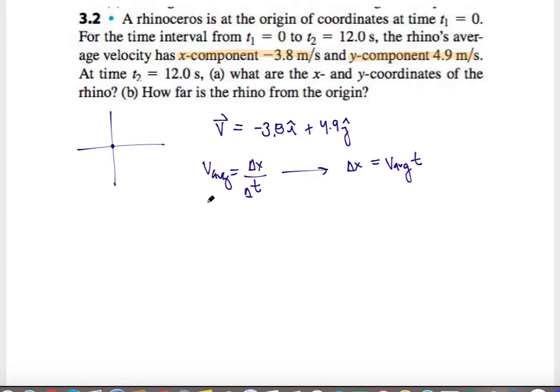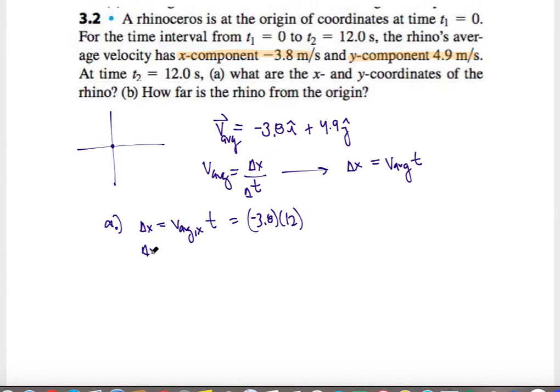This could be delta x or delta y. My first part is finding the x coordinate using the average x velocity. So my delta x will be equal to v average in the x direction times t. That will be negative 3.8 multiplied by my time of 12 seconds.